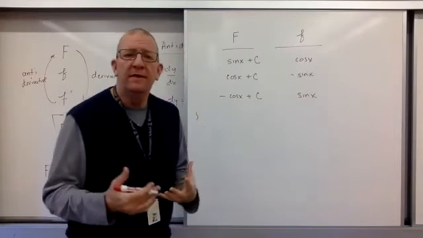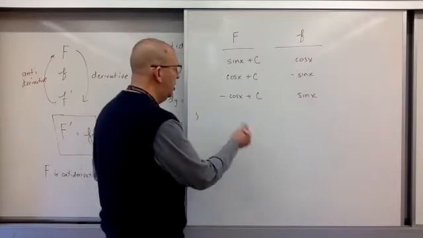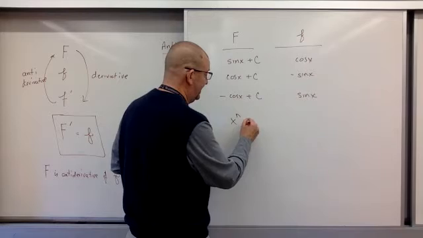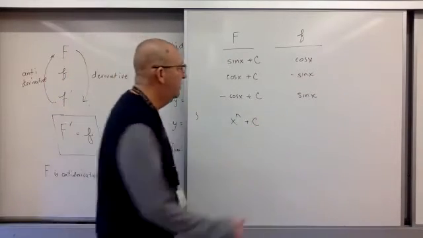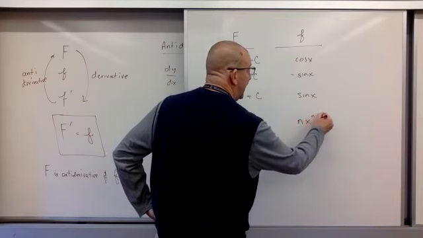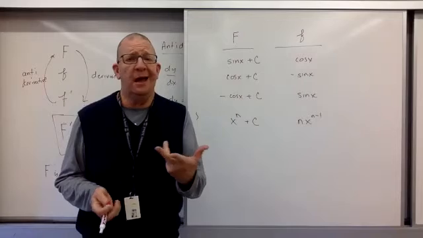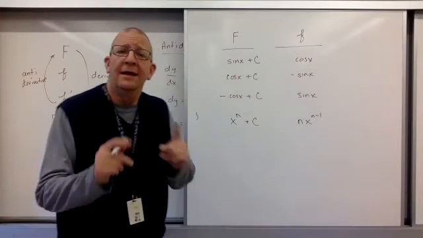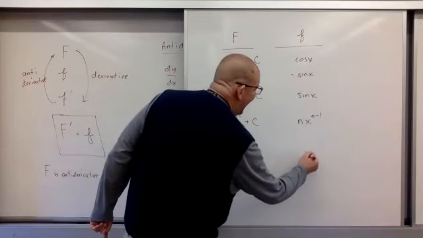Here's the big one that students need to know in introductory calculus. You all know that if I give you x to the n plus c, the derivative is going to be n x to the n minus 1. Right? No problem. I know what you're thinking now. I know all this. You're wasting my time and money. But what if I put the x to the n here?